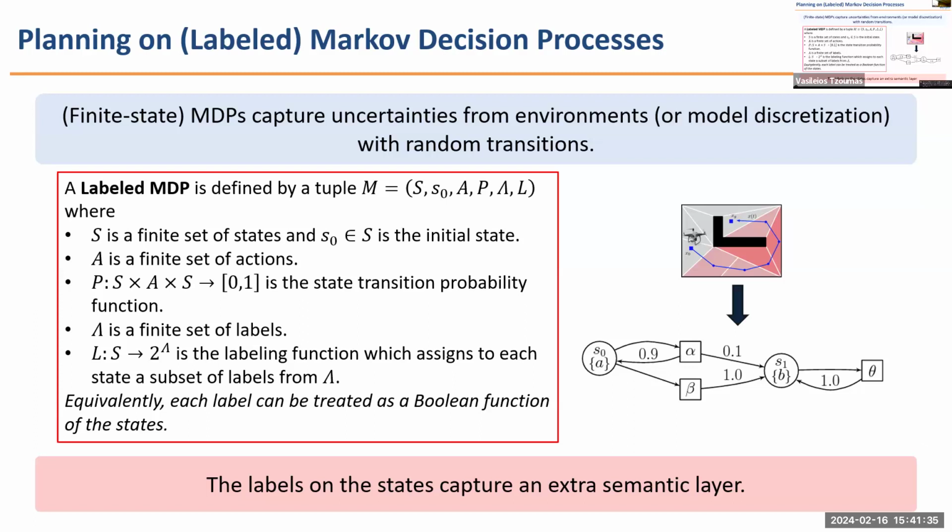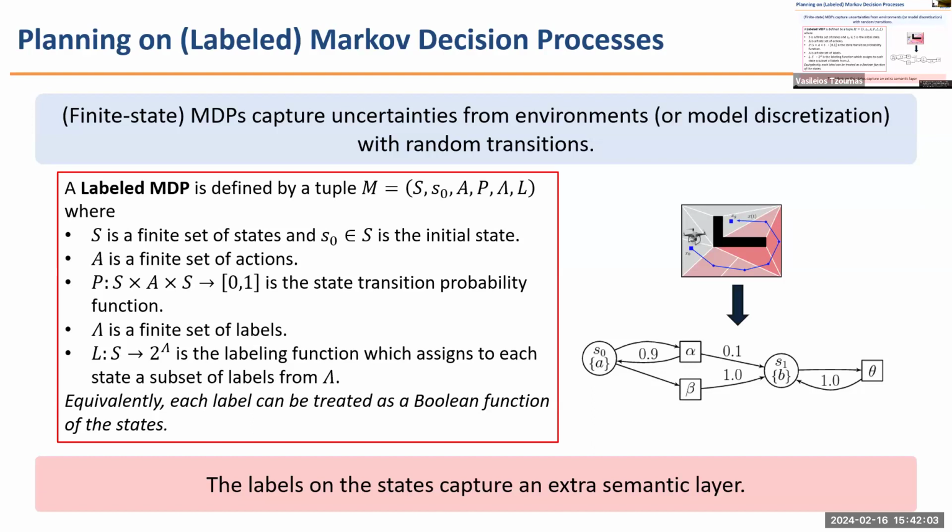There are techniques where you can discretize a continuous model into a finite state model while using some probability to cover the uncertainty. There are model reduction methods like that. So the randomness may also come from the discretization. You may start with a continuous model, and after you do the reduction, you still have some randomness here. That is the most common planning model, and we are using this planning model.